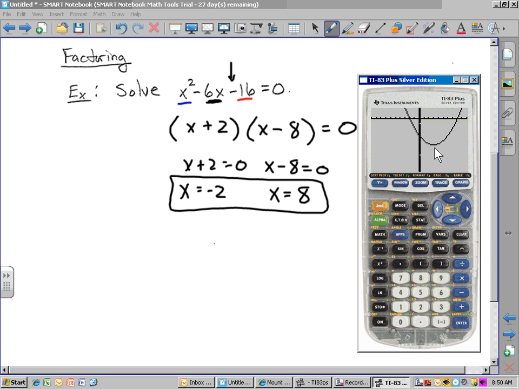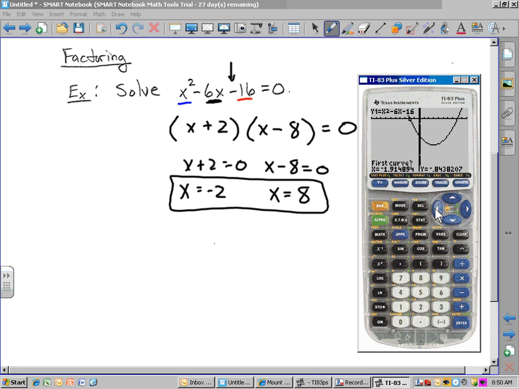Okay. What we're interested in are the x-intercepts. So right here and right here. And we can calculate those a couple different ways. Second trace, calculate. We can calculate the intersection. Intersection is very nice because you just have to get the cursor, or in this case the blinking x, near where you think the x-intercept is.